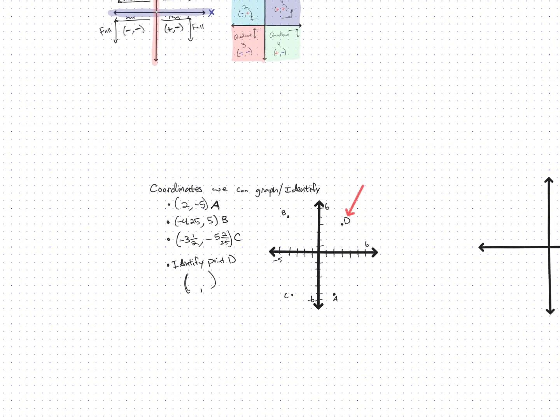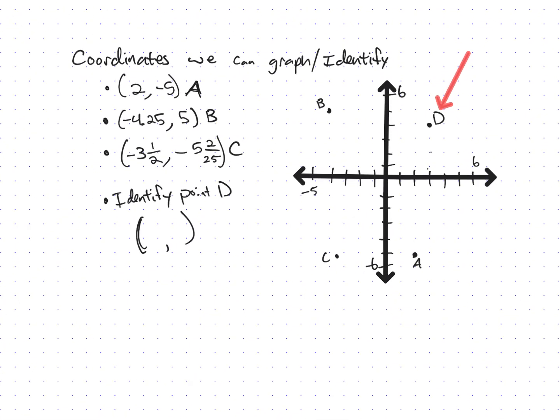Sometimes you're going to be asked to do a couple of different things. One, you may be given coordinates and you have to plot them, or they may give you a letter, for example D, and they're telling you to find the coordinate for that point. If I wanted to find point D right here, I start at my origin, which is 0, 0, and I run and then I jump.